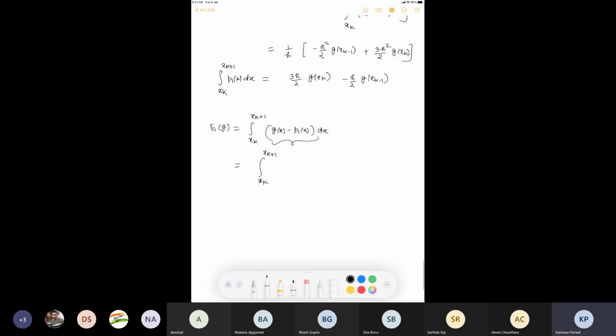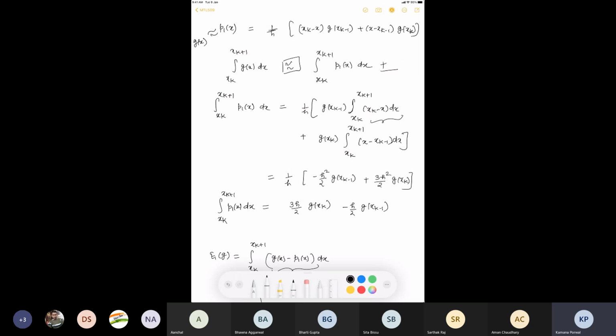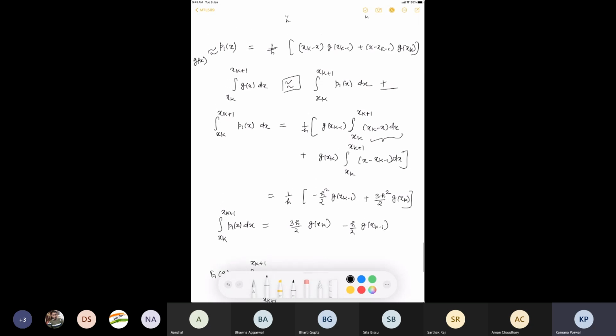Now, this follows the same steps as we have done in the case of the trapezoidal rule. The only thing that has changed is that P1 acts on the interval xk to xk+1, but it's not using xk and xk+1 as the nodes, rather it is using xk-1.